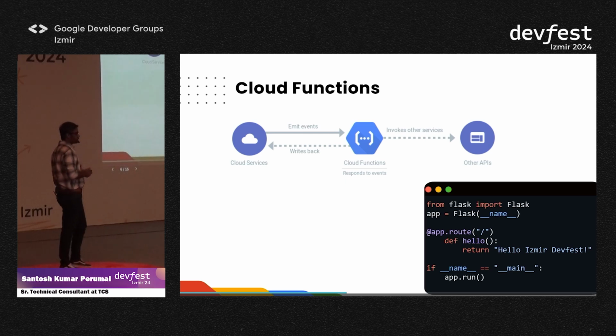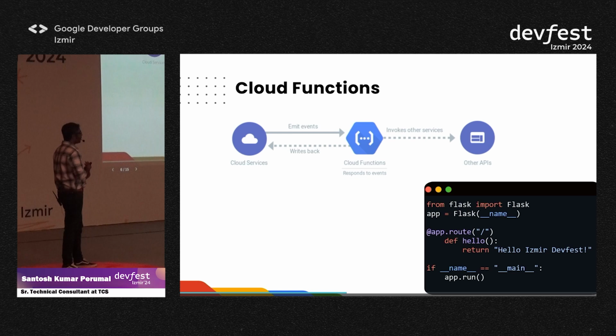So now that we understand what serverless computing is, saw how we evolved from the on-premise data center, and saw the advantages and some of the offerings, let's narrow down our discussion to Cloud Functions.